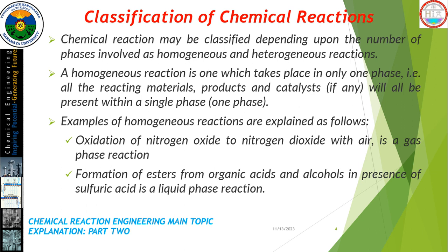Then it forms ester, which in this case is ethyl acetate, plus water. The products, the catalyst, as well as the reactants or reacting materials all exist in a liquid phase.